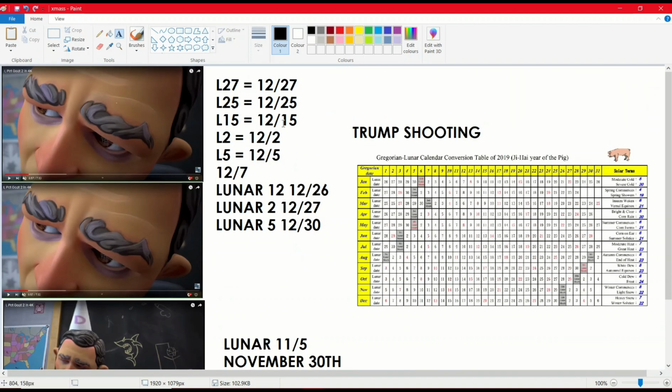Following on from that, it's December the 2nd, December the 5th, December the 7th, then December the 15th, December the 26th, sorry, December the 25th, the 26th, the 27th, and then the 30th. And that would obviously be before the 31st, where we have a number of possible connections to that date.